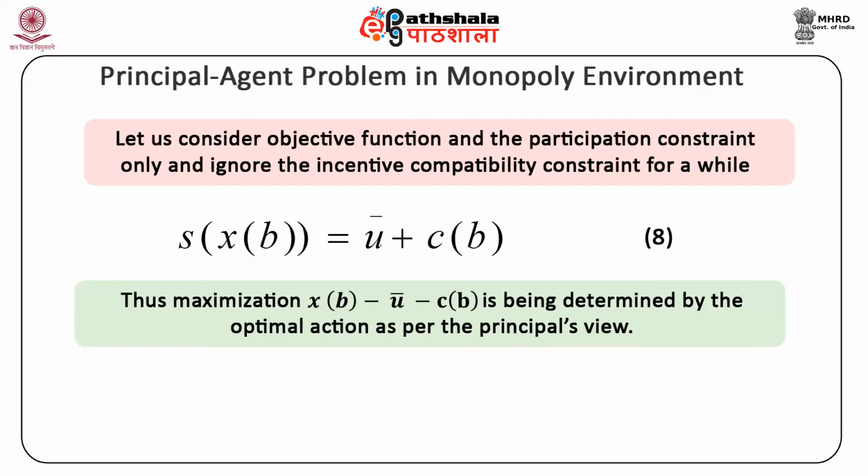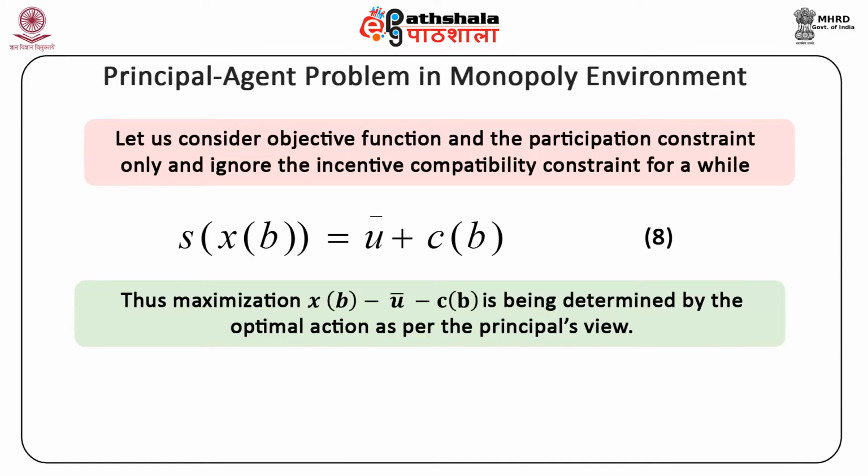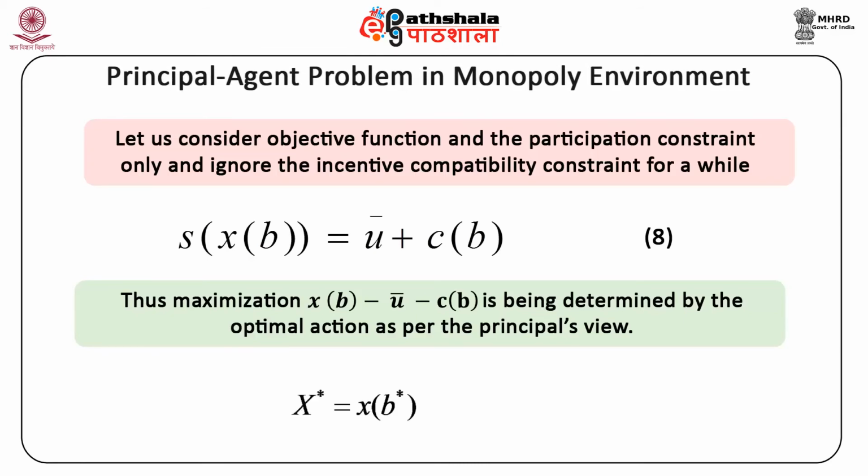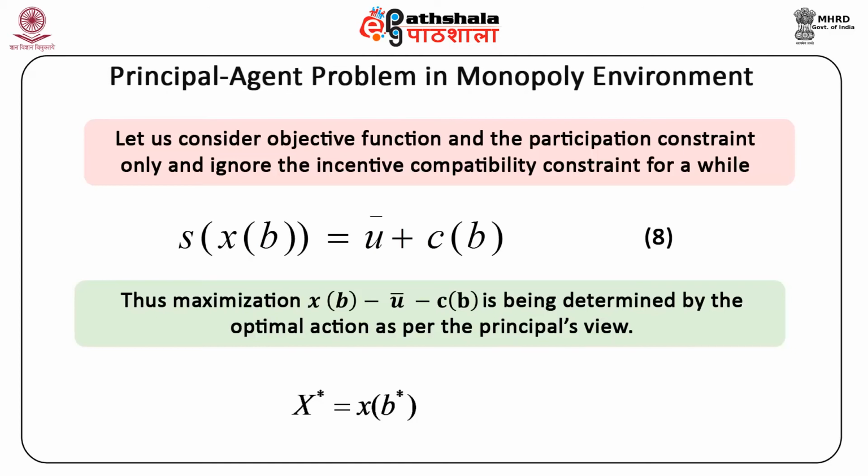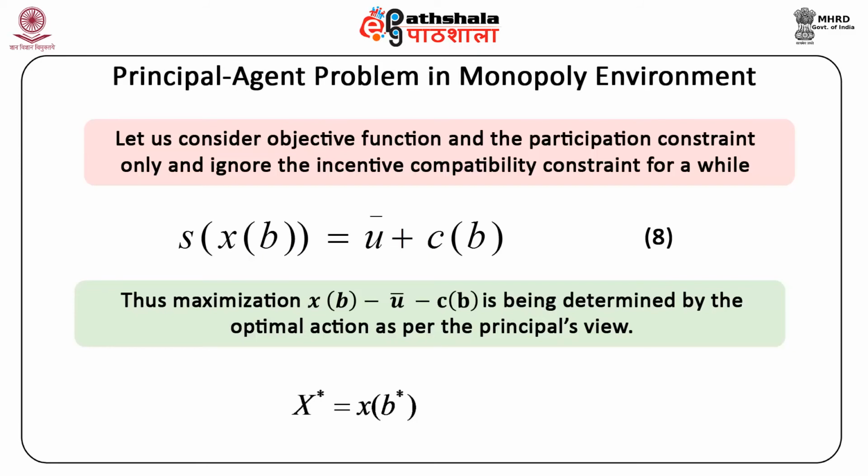We can call this action B star, along with its associated output level, capital X star, equals X(B star). This is given as condition 9.